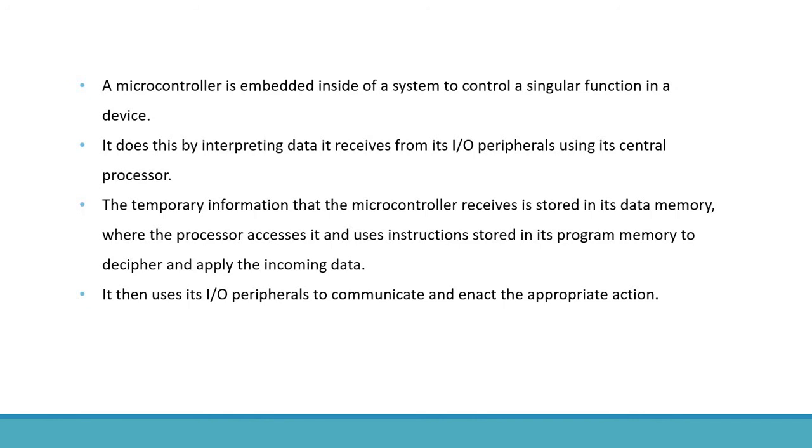When the processor accesses it and uses these instructions stored in this program memory to decipher and apply the incoming data. Then it uses its peripherals to communicate and enact with appropriate action. So this is all about microcontroller.